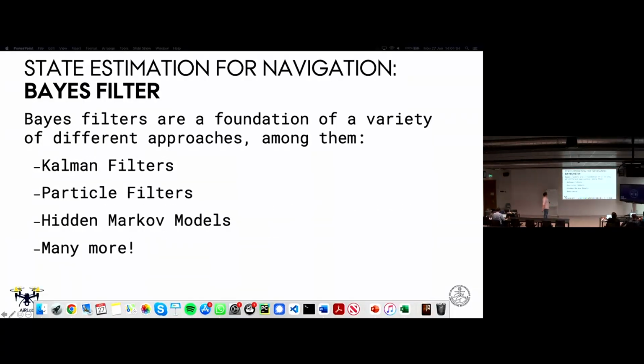Yeah. So Bayes filters are a foundation of a variety of different approaches, among them, obviously, Kalman filters, particle filters, and hidden Markov models. They govern the whole family of state estimation approaches that we have currently.